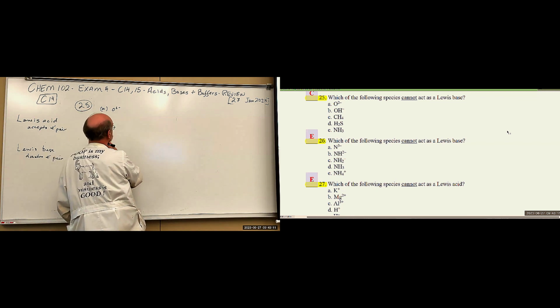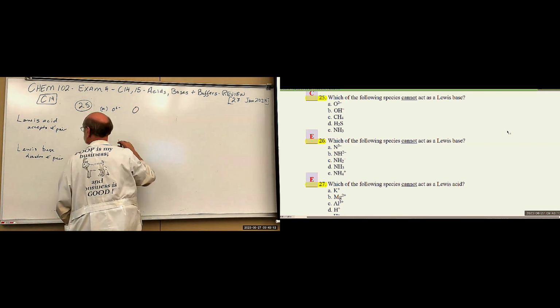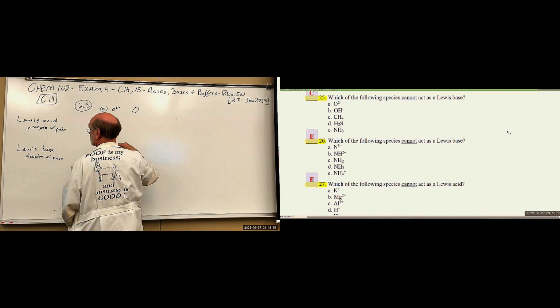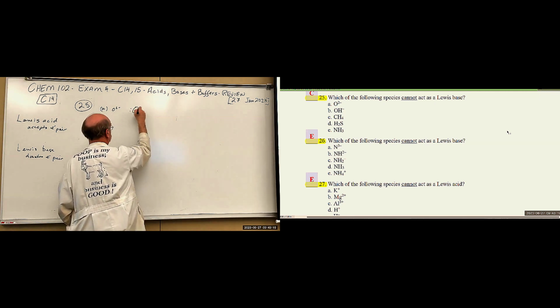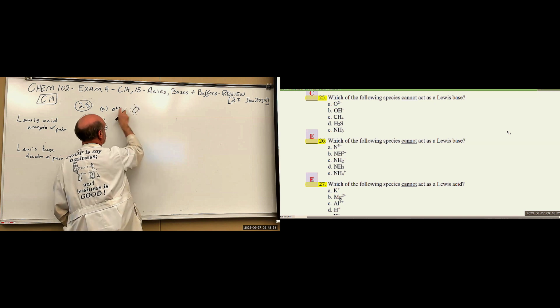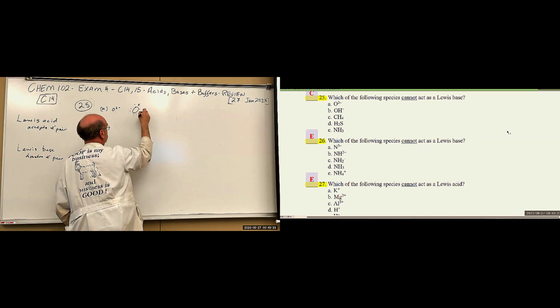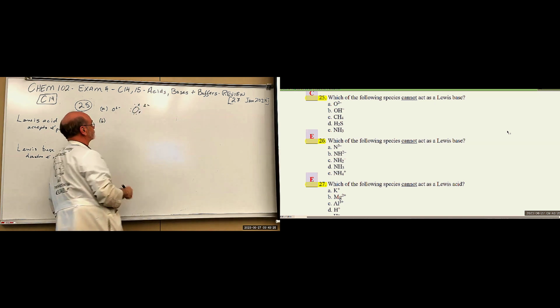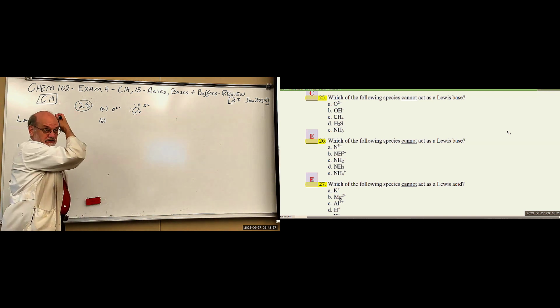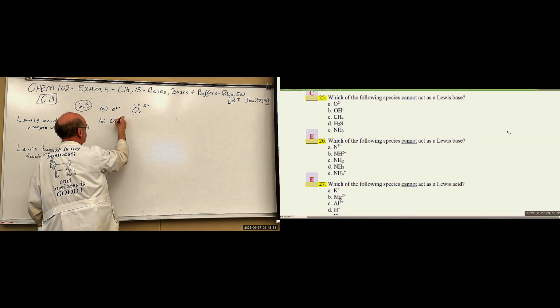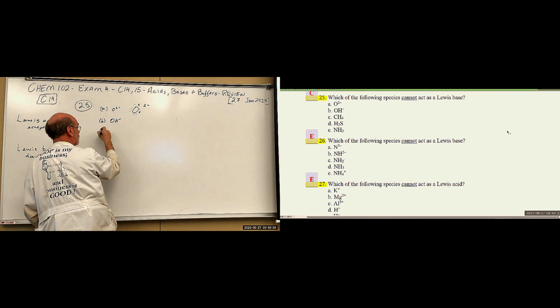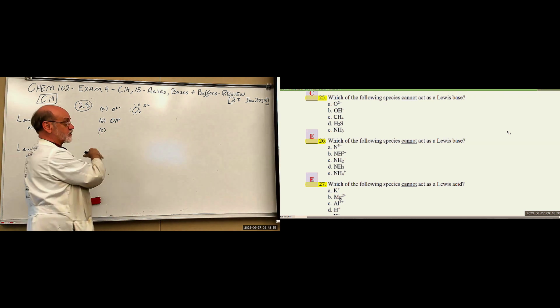Oxygen valence would have 6, and then you add 2 more, and that makes your 2 minus charge. So yeah, it's got plenty of electrons. How about OH minus? Yeah, it's got donatable electrons.